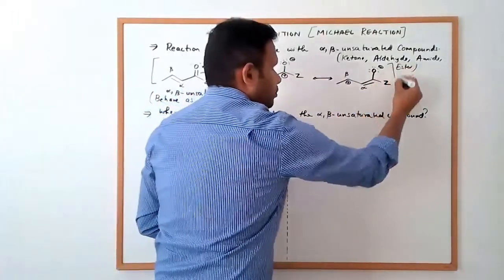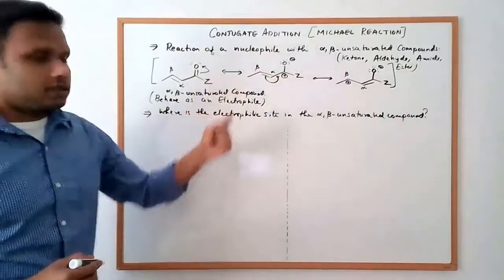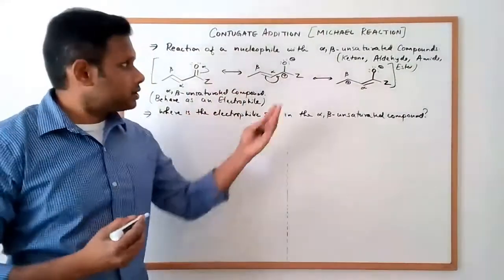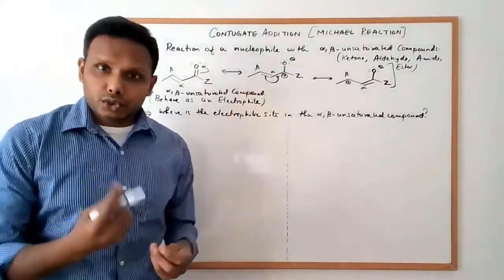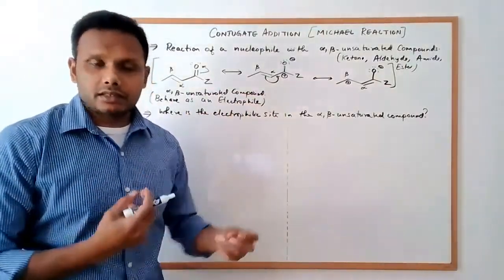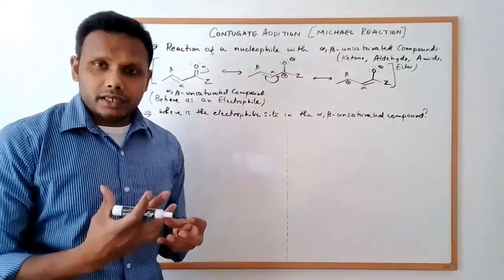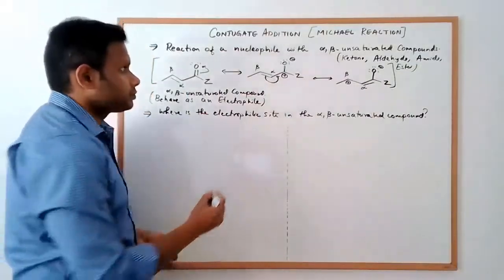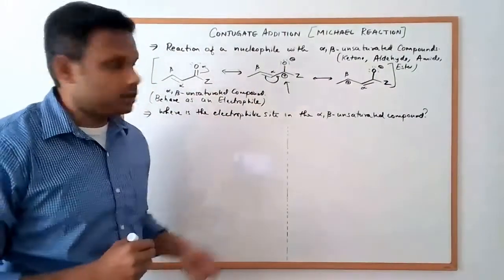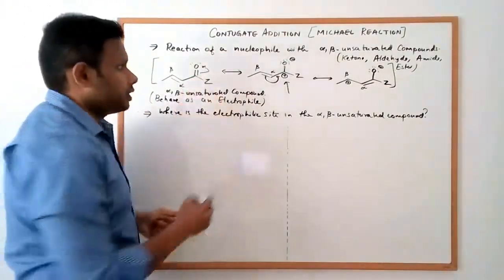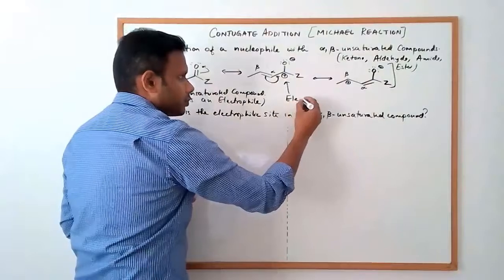Now, based on these resonance forms, if you were to determine the electrophilic site, we can see that there are two electrophilic sites in this molecule, two sites that are electron deficient. One is the carbonyl carbon. That carbon there is electrophilic.